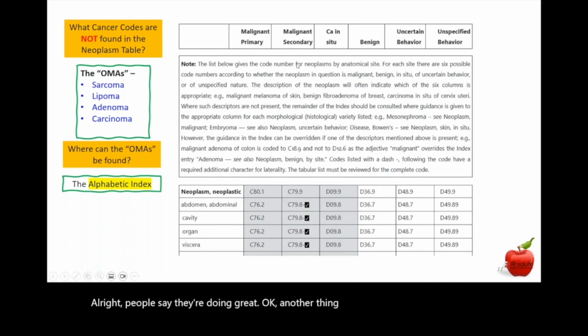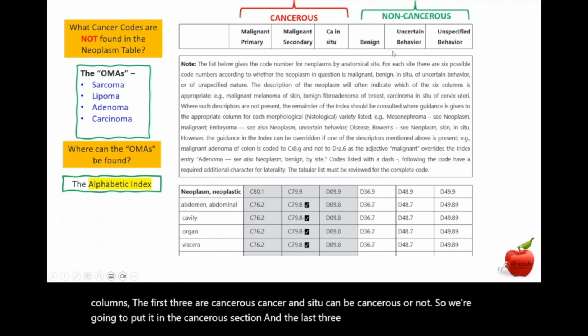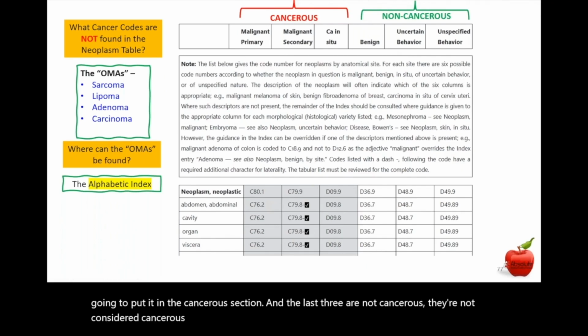Okay, another thing I want to tell you about these columns. The first 3 are cancerous. Cancer in situ can be cancerous or not, so we're going to put it in the cancerous section. And the last 3 are not considered cancerous.